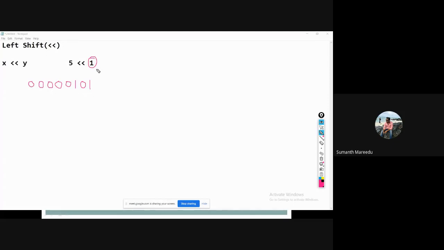In left shift, I shift the positions of the bit values to the left side. In right shift, I shift the positions to the right side.